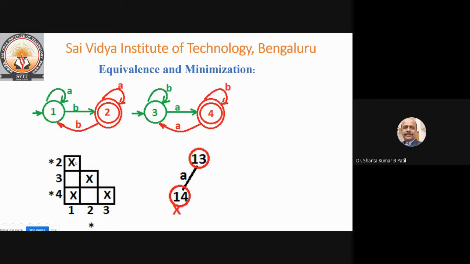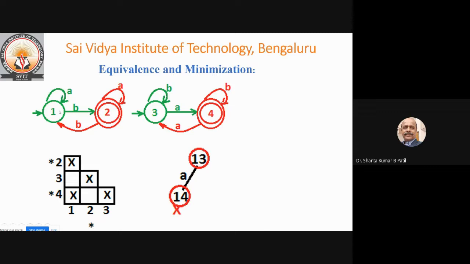We need to mark the crosses whenever necessary. For example, this is the square. Row wise it is a 2, and column wise it is a 1.